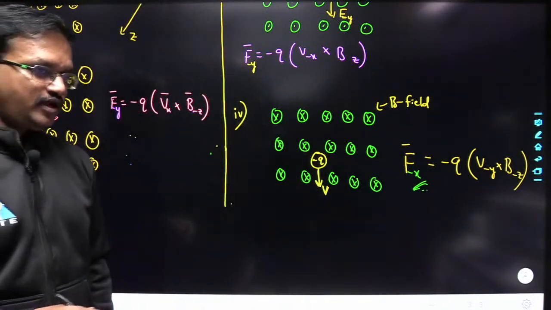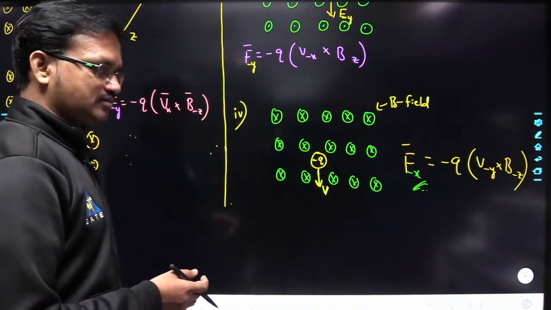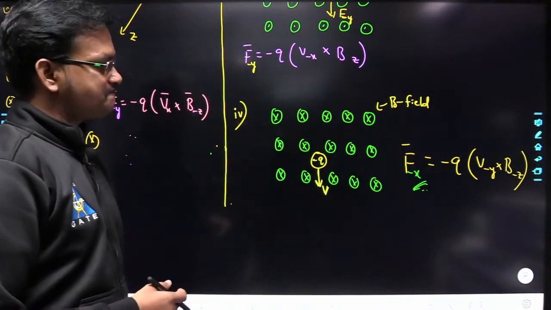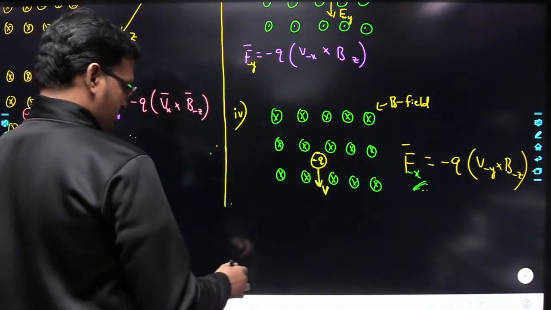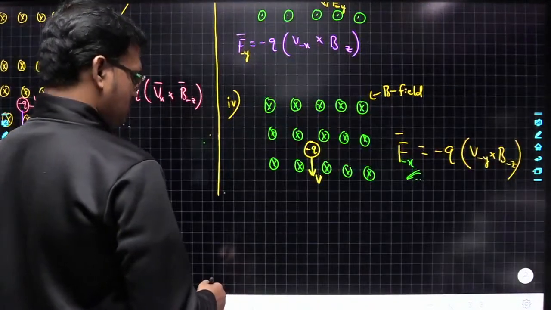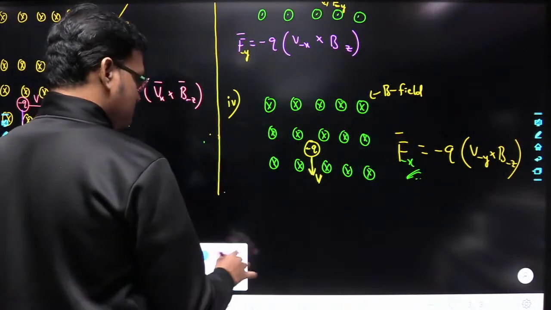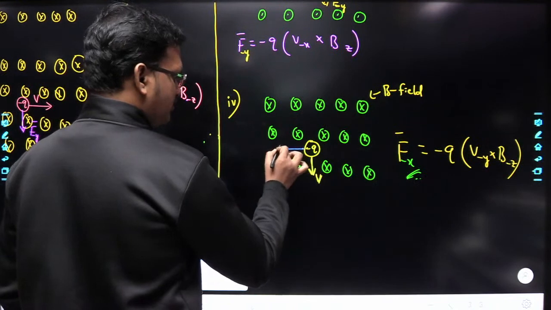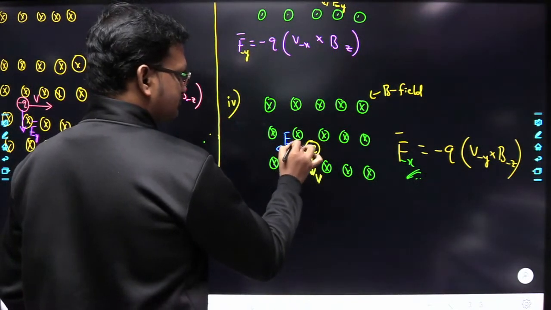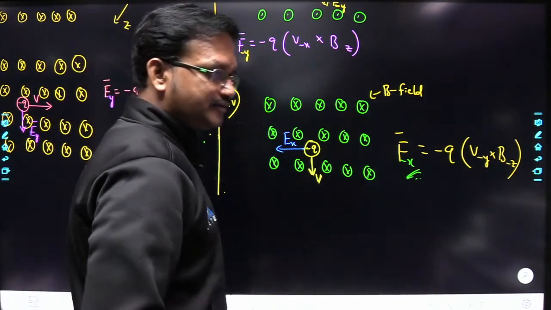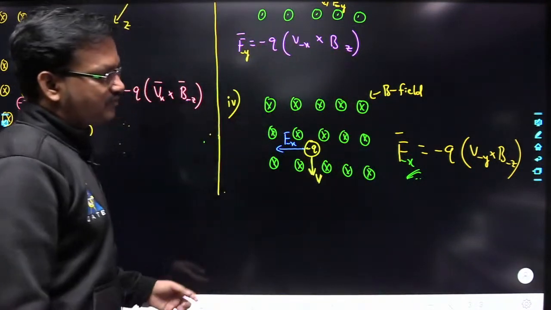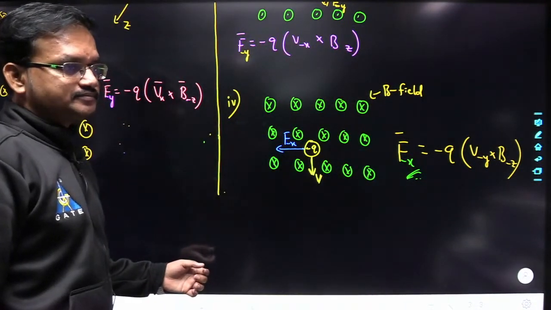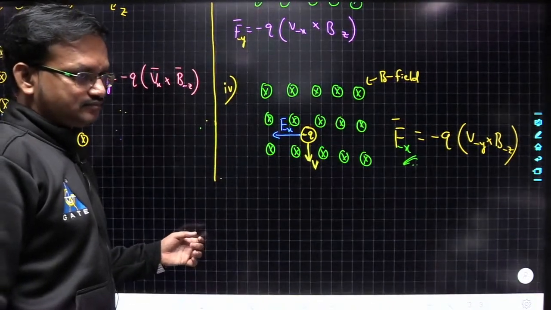So just practice that here, it is very simple, right? So the resultant force will be in negative x direction. That means it is going to experience the force in negative x direction, right? Is this clear? Tell me here.